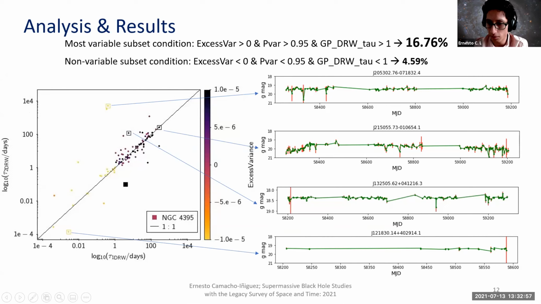You can see the non-variable in the extremes. And you can see that these points that we might think trace variability have large error bars. So they are probably noise. And in this case, we almost do not have any variability. And in the middle panels, we can see that these light curves indeed trace stronger variability.